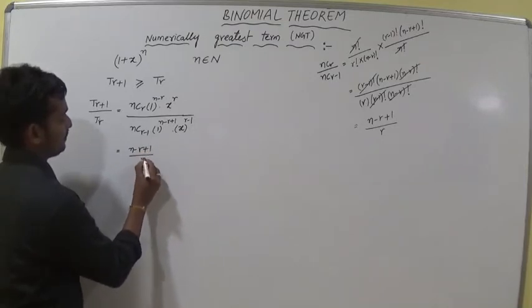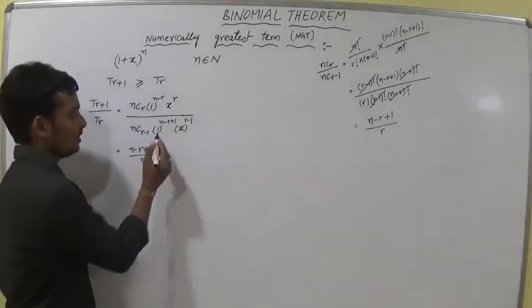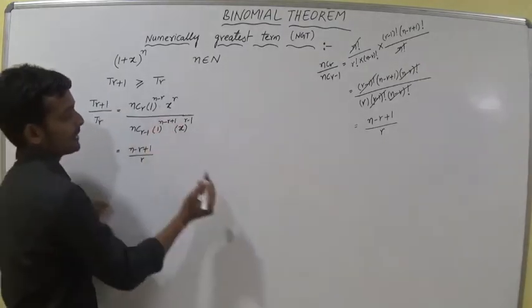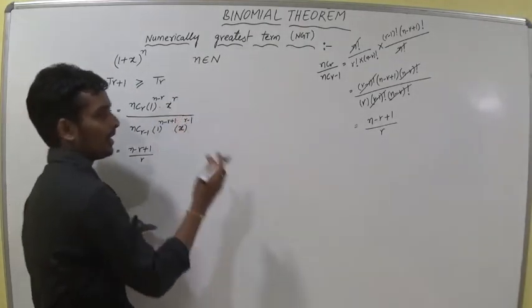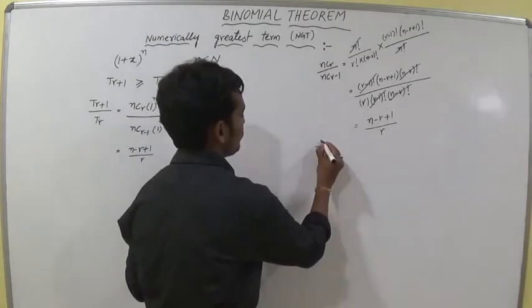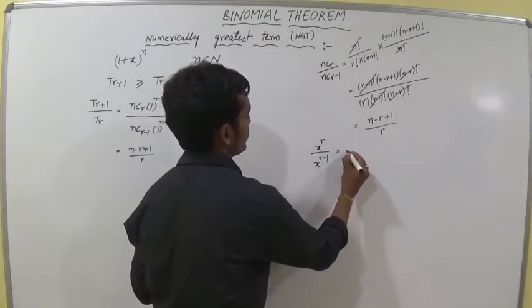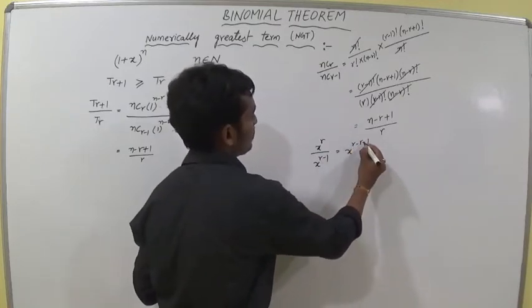Here 1 to the power of anything is equal to 1. Leave that. Here x to the power of r by x to the power of r minus 1 is equal to x to the power of r minus r plus 1.